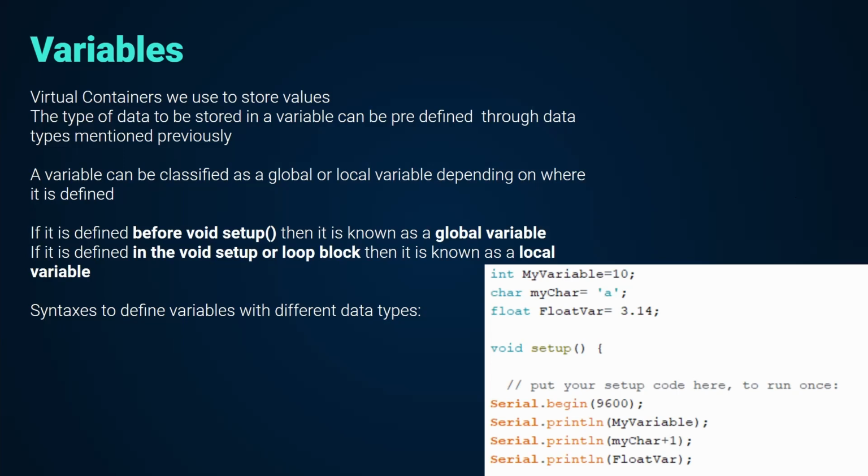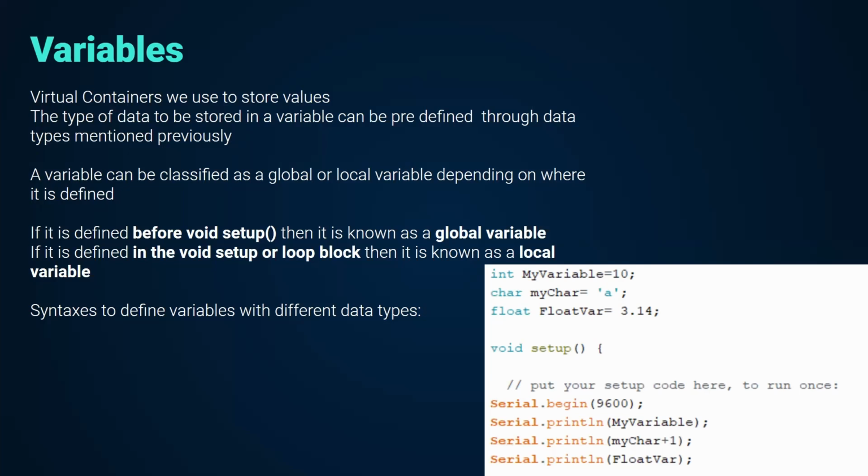This will print out 10, then the ASCII value of the char +1 and the float. So I think it is clear why I am using variables instead of the original character or the integer, because it allows me to work with them much more freely. I can store the values first and provide operations on them later, which we'll learn about later.